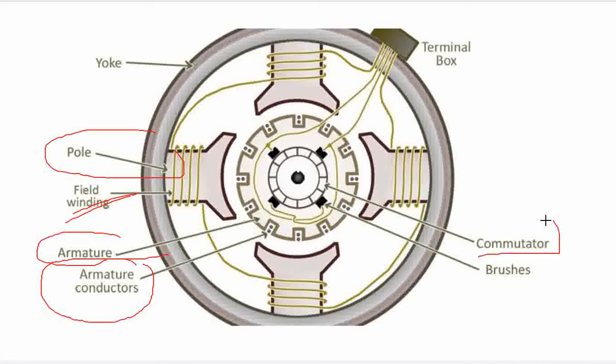It acts like a mechanical rectifier or mechanical inverter in order to convert AC into DC or DC to AC. These are the brushes to collect the electrical energy. Okay, and this is the terminal block. The terminal blocks provide a complete connection to the external side of the machine.